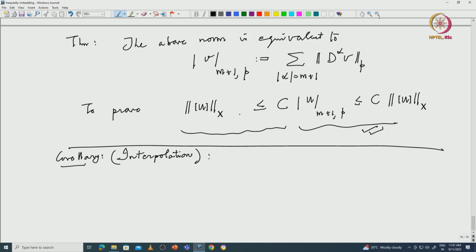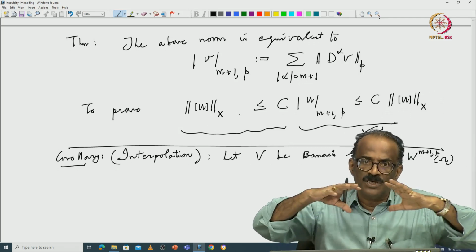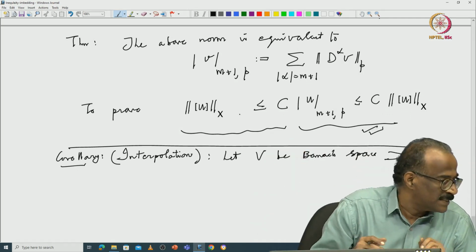Let V be a Banach space containing W, a bigger space; that is what interpolation you do. In numerics, when you want to look for a solution in this space, you will interpolate those functions in a bigger space.